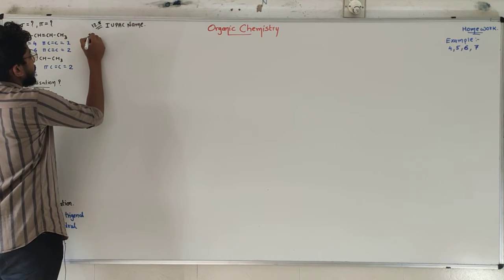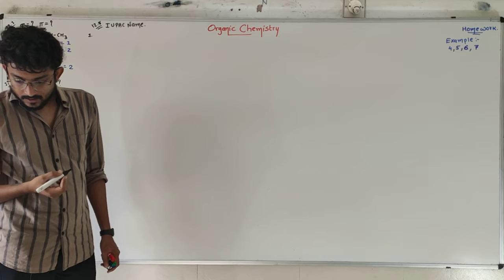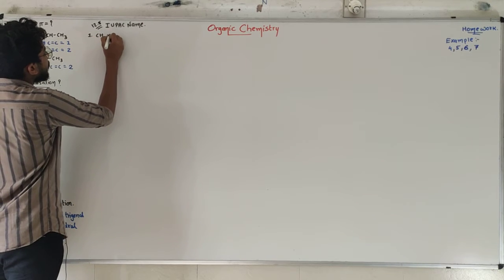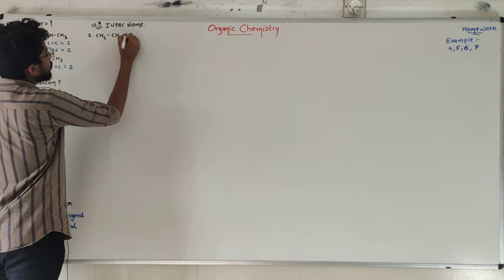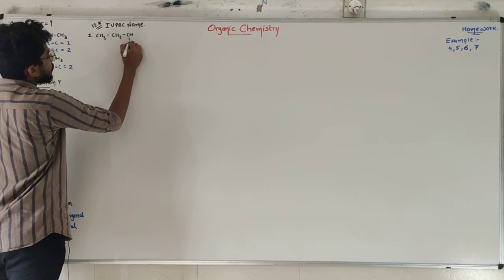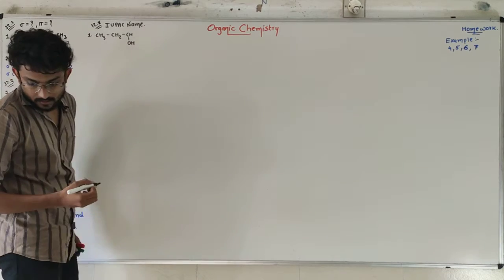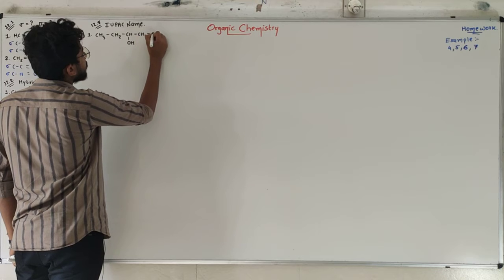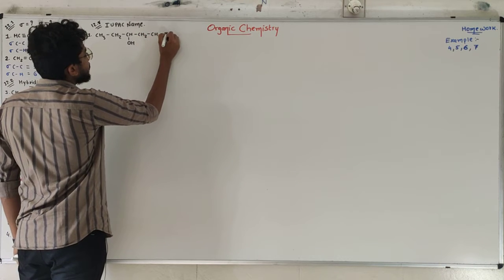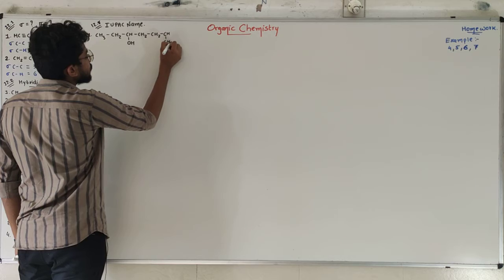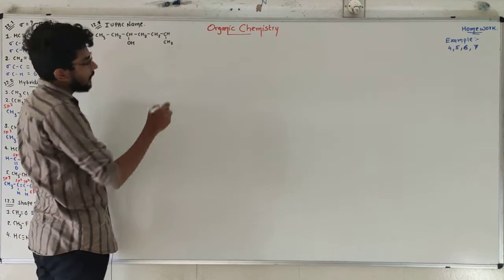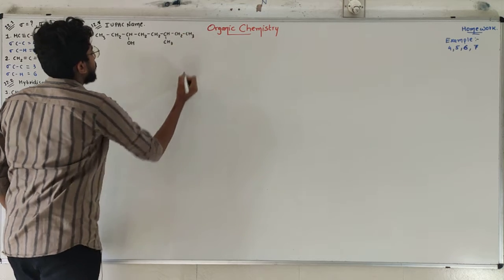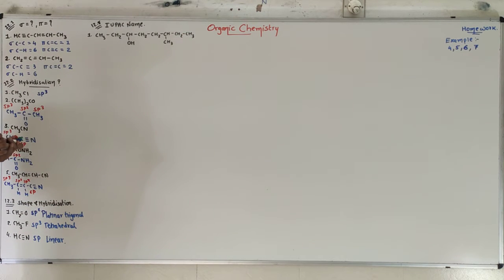Our first compound is CH3, CH2, CH OH, CH2 CH2, CH CH3, and after that CH2 CH3. So this is our first compound.